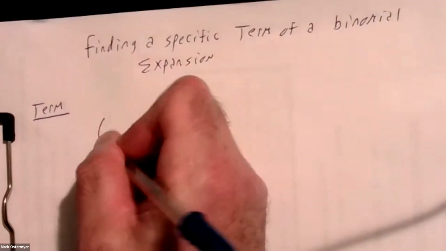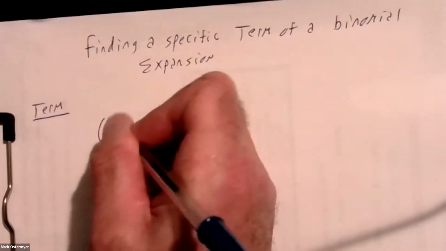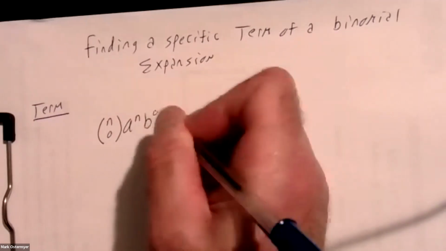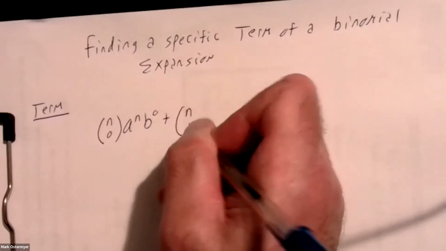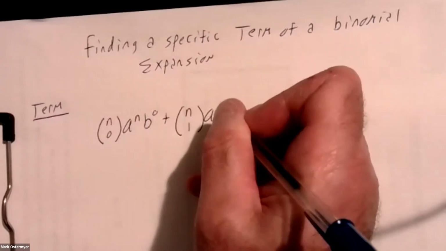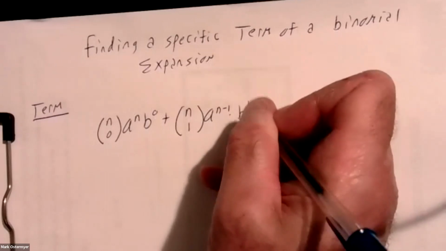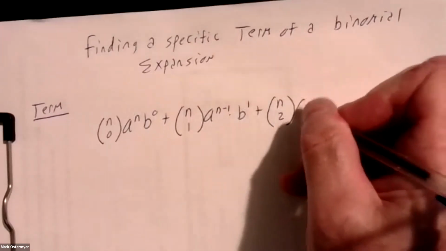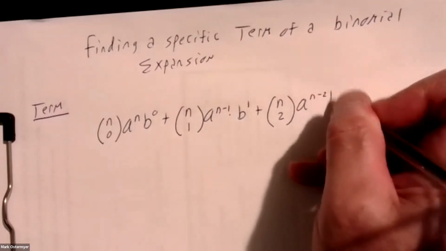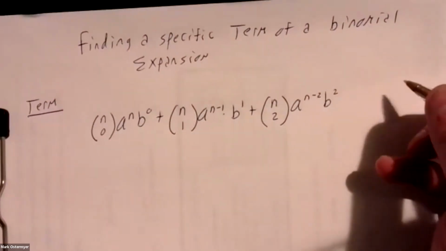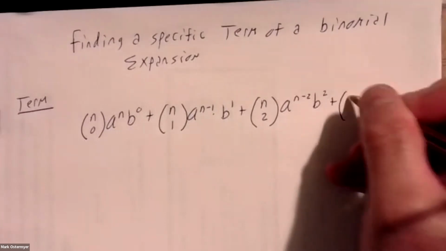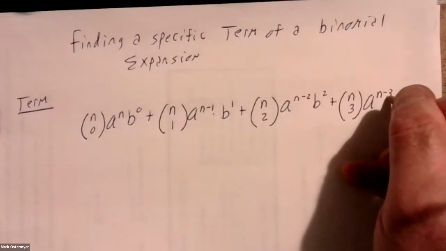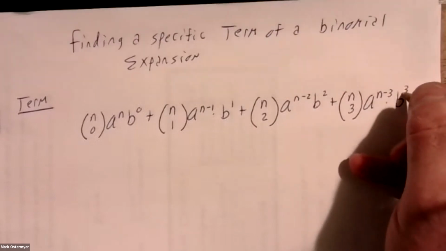All right, let's entertain this here. n in combination with 0 times a to the nth power b to the 0th power plus n in combination with 1 a to the n minus 1 power times b to the 1st power plus n in combination with 2 times a to the n minus 2 power b squared plus n in combination with 3 times a to the n minus 3 power times b cubed.